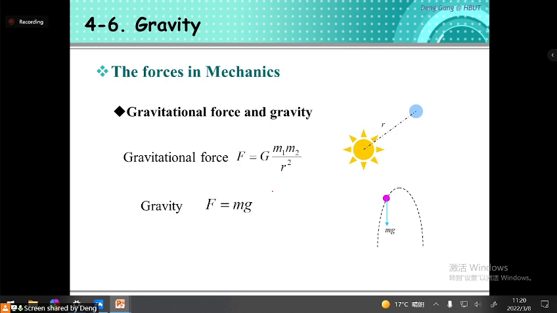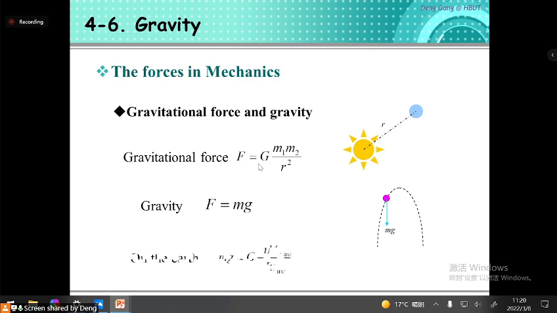For example, gravity actually consists of not only the gravitational force, but also the effect of the rotation of the Earth, the spinning of the Earth. But usually we can write it like this: gravity near the surface of the Earth is equal to mg, but only near the surface of the Earth.